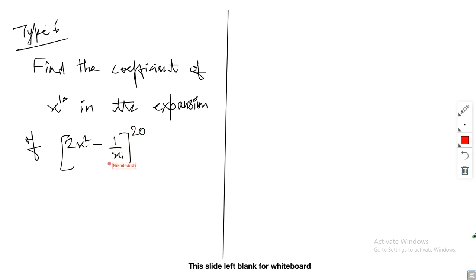Okay, let's first understand the concept. Let's say if it was (3 plus x) to the power of 20. Tell me which term will have x to the power 12.